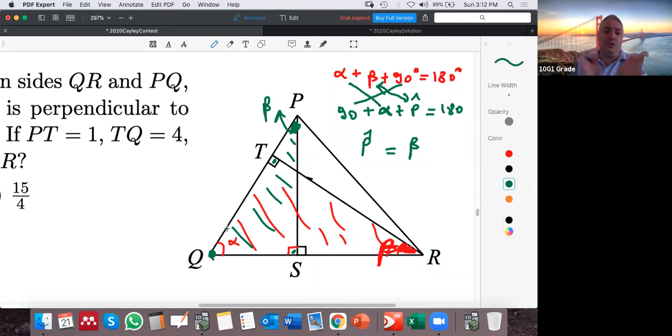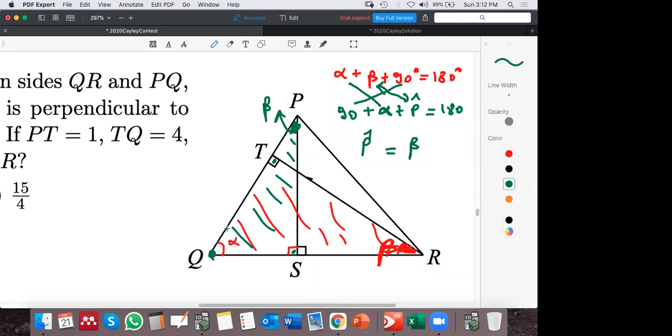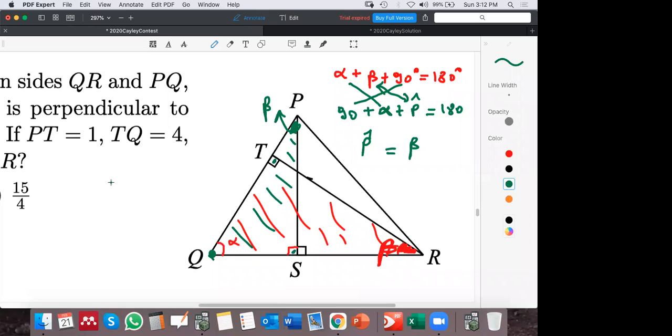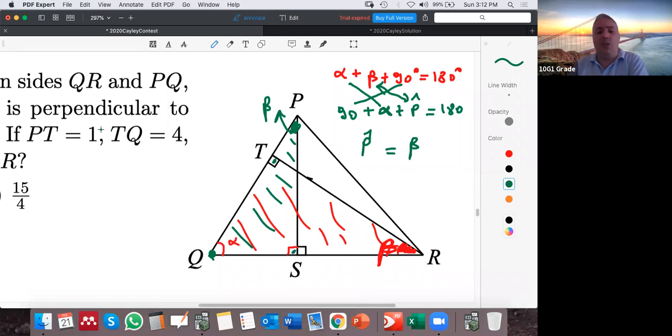If they use the same vertex, they have the same angle. That means two angles are common. To create a triangle, I need three angles. If two of them are the same, the third one is automatically the same. Yes. And in geometry, we have angle, angle.